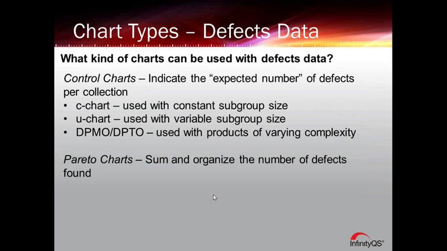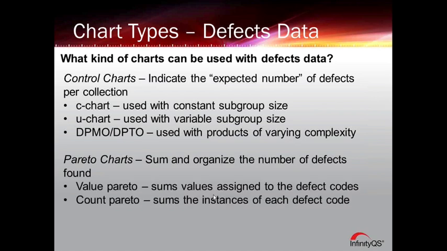The other big chart, and this is the one I'm a very big fan of when it comes to defects data, are Pareto charts. While control charts tell me the expected or average number of defects that I can experience, Pareto charts allow me to sum and organize these in various ways. The first two here, a value Pareto and a count Pareto, are very similar. They're basically summing counts of the defects that I've found. The difference between these two is a value Pareto allows me to assign significance.